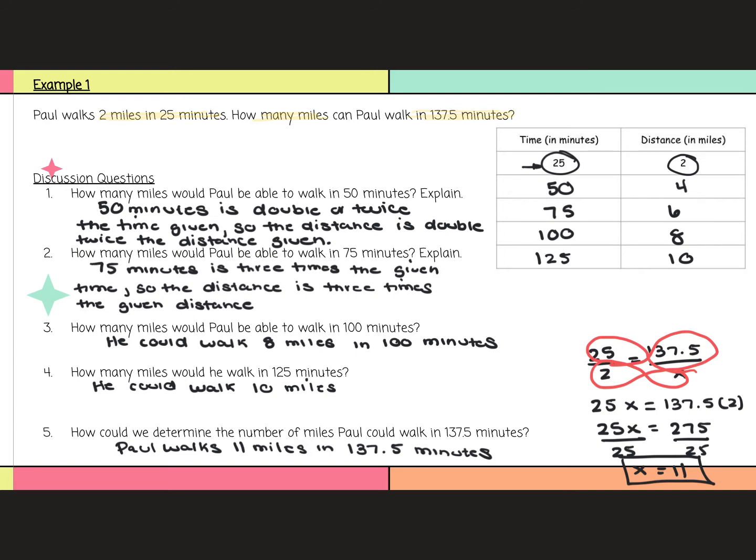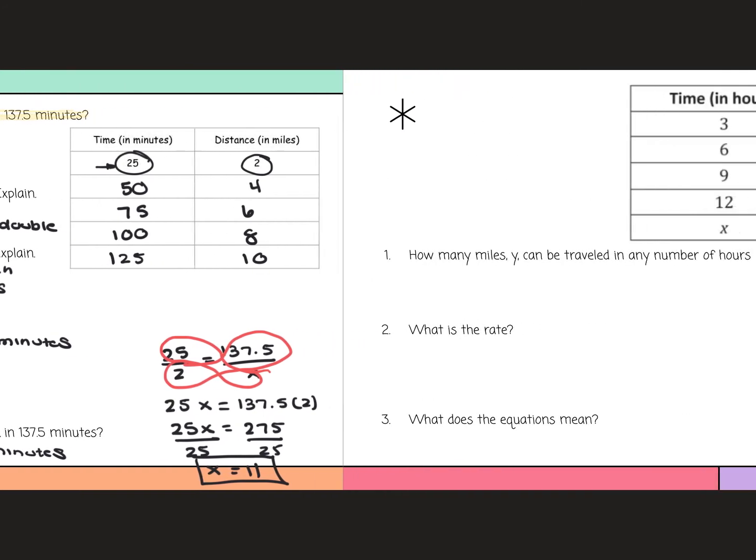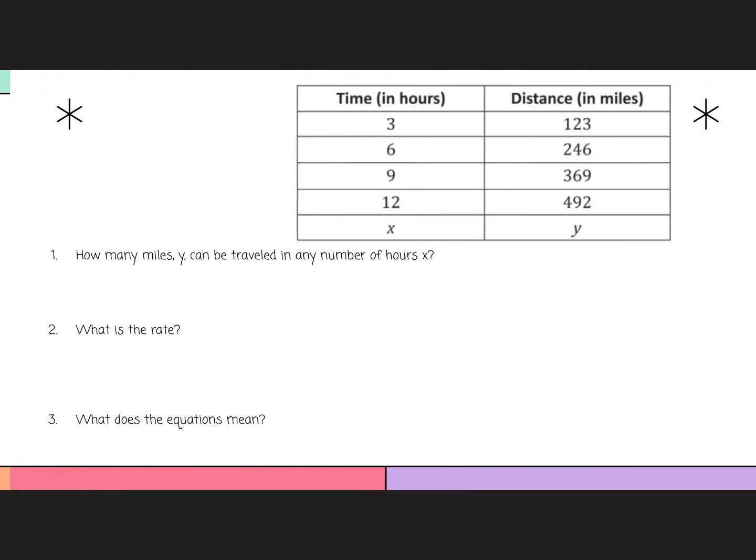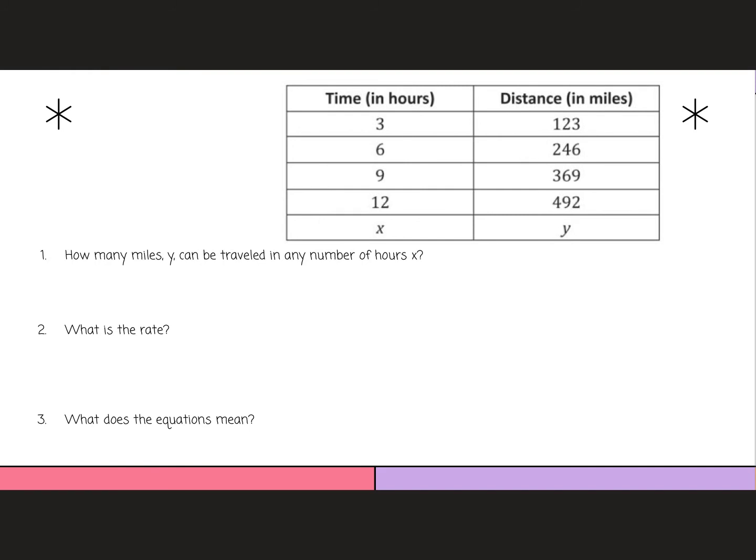Let's go ahead and take a look at the next example. With this one, they already give us a table filled in. Again, we're looking at time in hours and distance in miles. It says how many miles y can be traveled in any number of hours x.